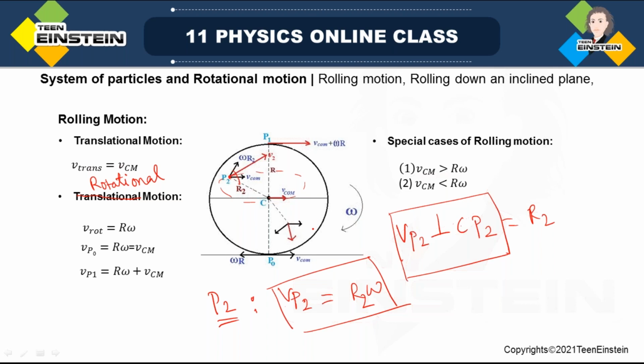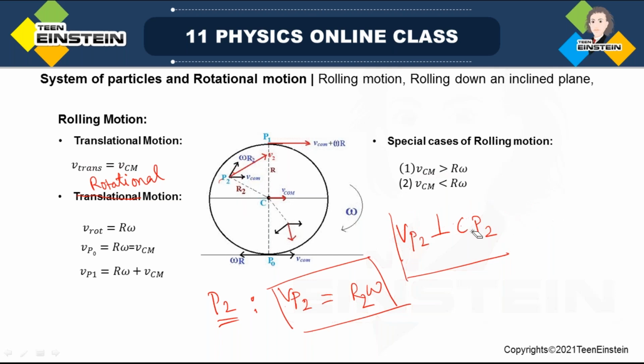You can see this here. So omega into r2, or r2 into omega, is the velocity of this particular point due to rotation, which is perpendicular to this r2. This is what has been shown here.